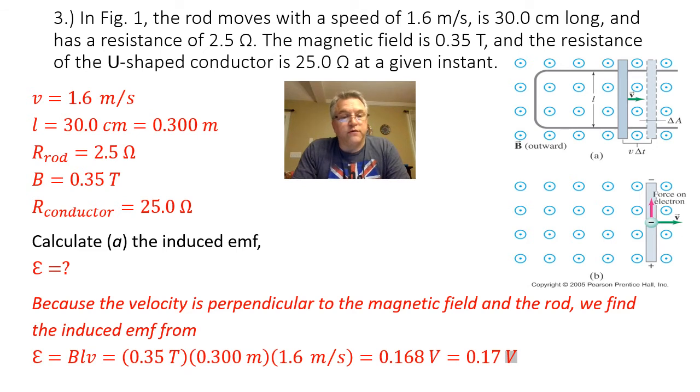The induced EMF is the magnetic field times the length of the wire in meters times the velocity in meters per second. When I calculate that out, I get 0.168 volts, which rounded to two significant figures should be 0.17 volts.